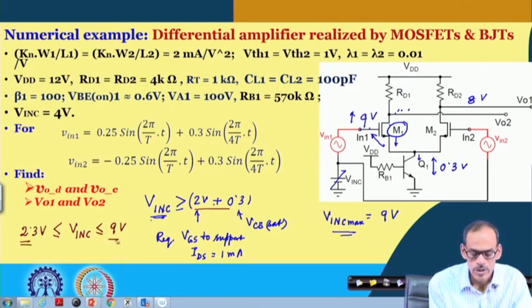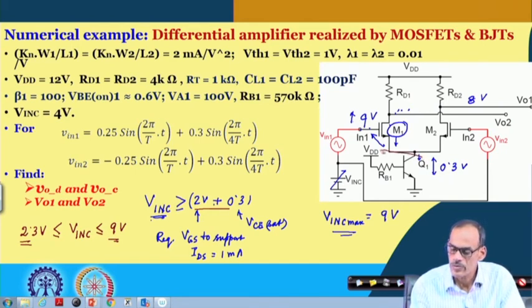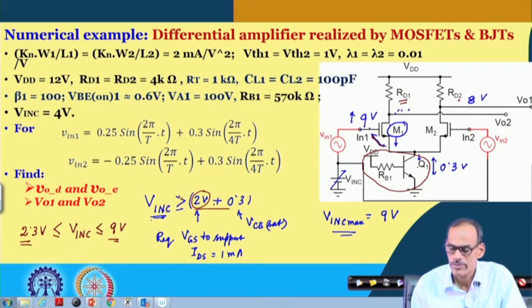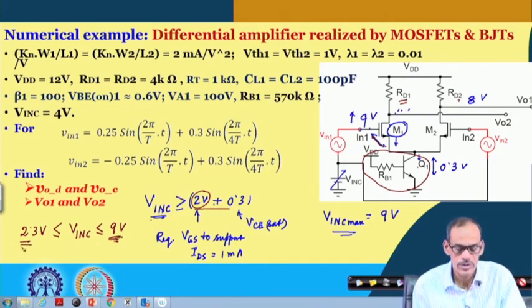Of course, this upper and lower limit depend on how we are setting this current, what is the value of these resistances, and to support this current, what is the required VGS, basically this part. Okay. So, now in this circuit at least we have a better definition of input common mode range, a strict limit of the input common mode voltage.